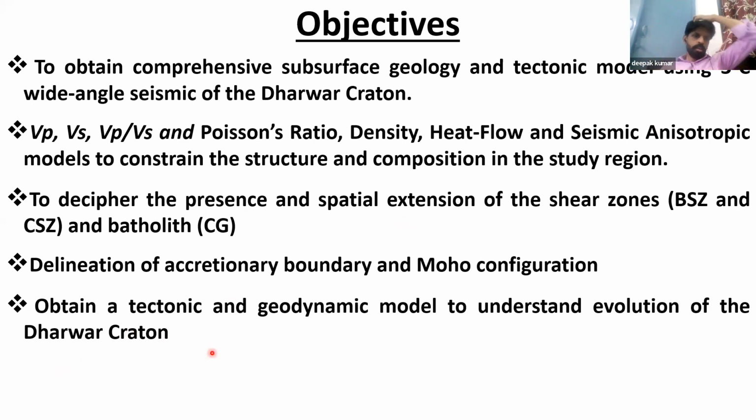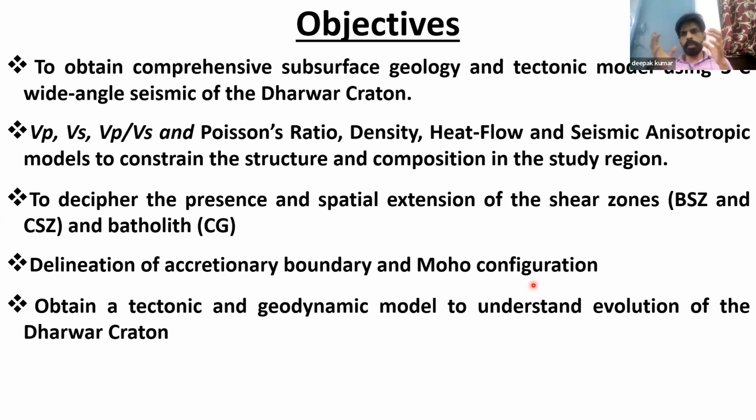We'll also be able to delineate the Moho configuration. For crustal studies, the offsets are very large, 150, 200, or even 600 kilometers, so as to image the crust up to the Moho or below the Moho, up to 100 kilometers, with the help of active seismic data. That mainly depends on how much charge, dynamite or explosive, we are using.